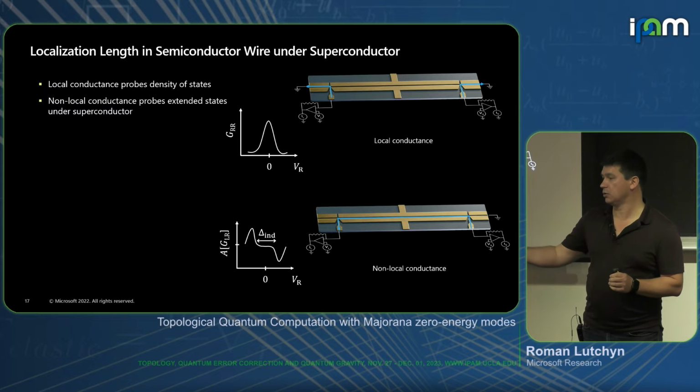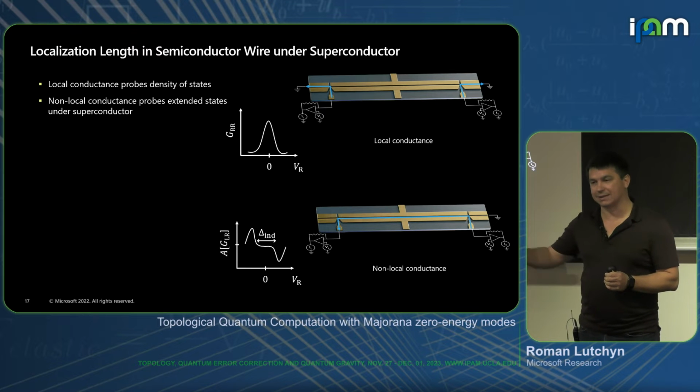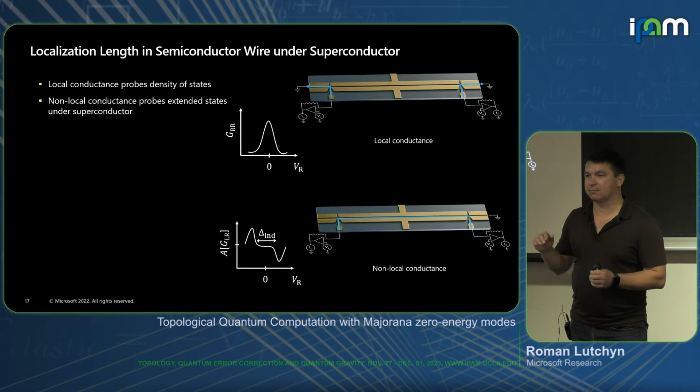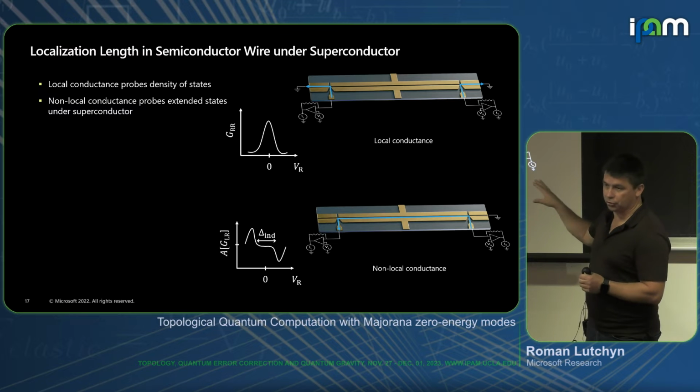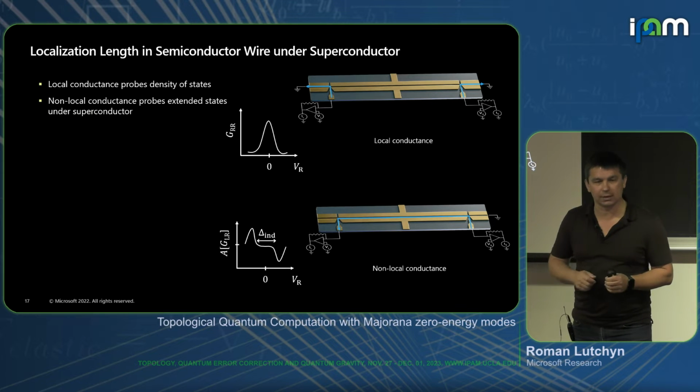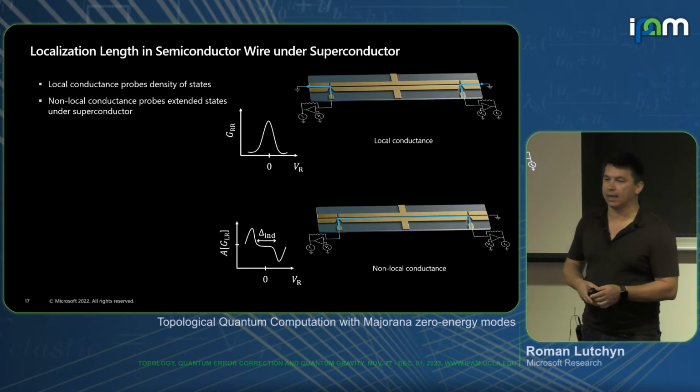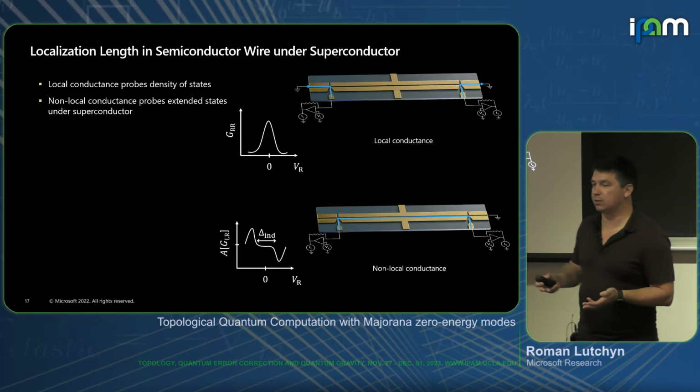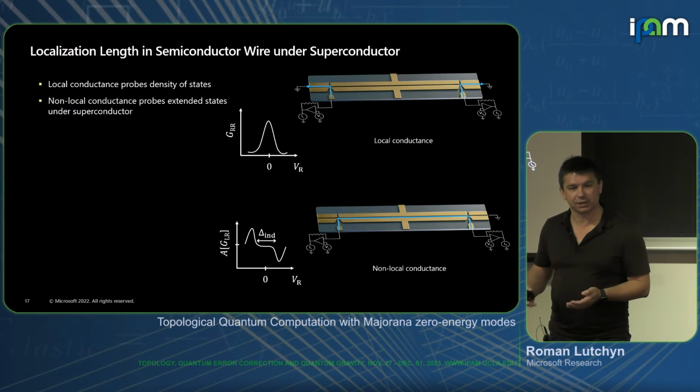If the device is too long, then we don't get the signal because disorder localizes the system. So by looking at the scaling, how the system behaves in the actual geometry in these gate-defined wires as a function of length, tells us what sort of localization lengths we have in the system. Ultimately, we want to be in the quasi-ballistic limit. That is, our localization length should be of the order of the device length. Our device length here is 3 microns.